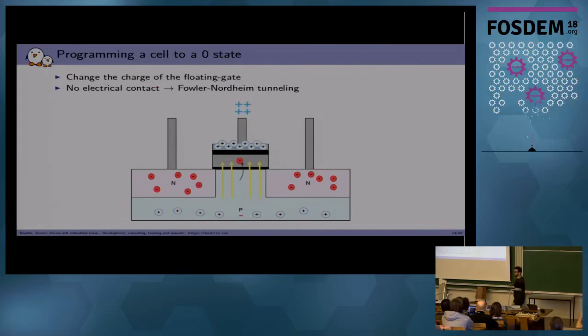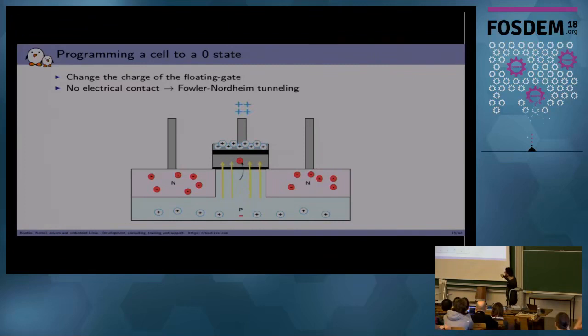So the question is, how do we put electrons in the floating gate? We do that with what we call the Fowler-Nordheim tunneling effect. It's quantum mechanics. Basically, you will apply a high positive voltage on the gate, much higher than before. So electrons will be attracted and will tunnel through the oxide layer, because they are attracted here by all the positive charges on the gate.